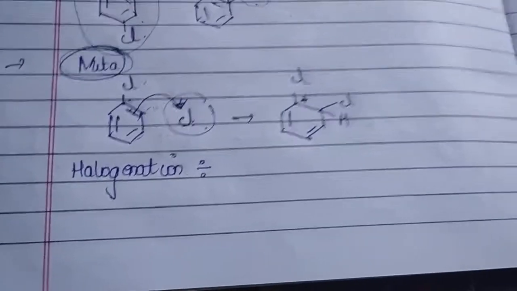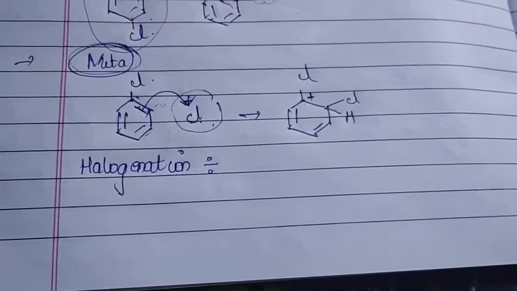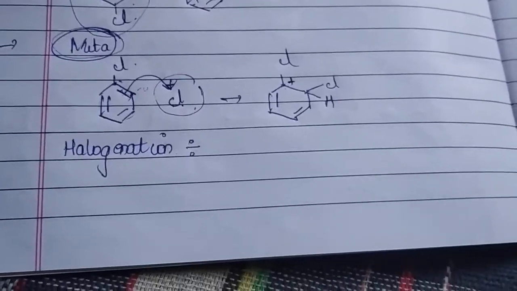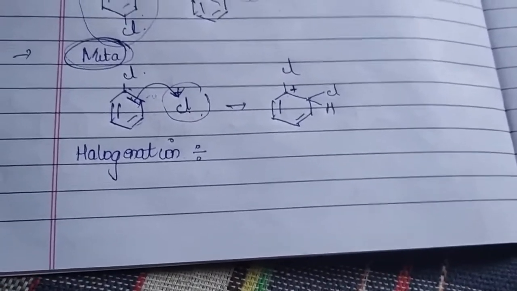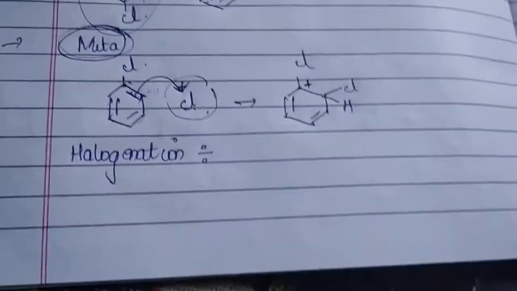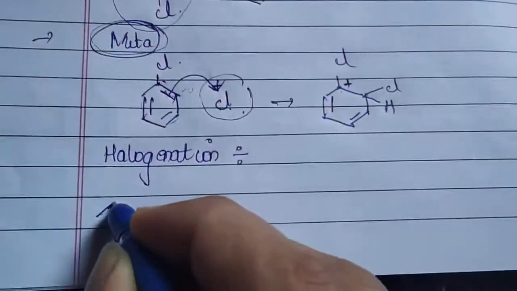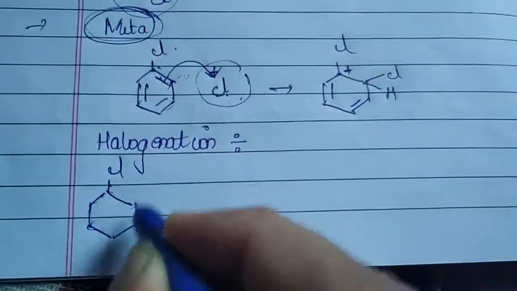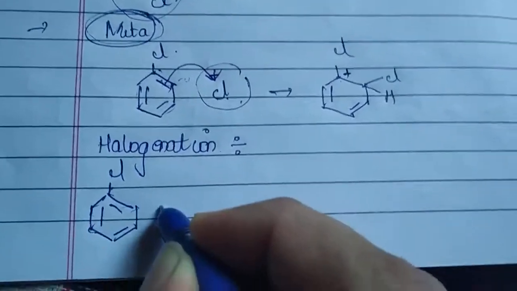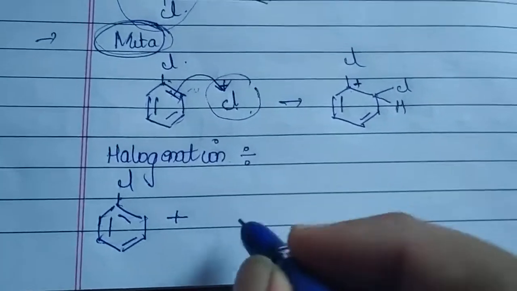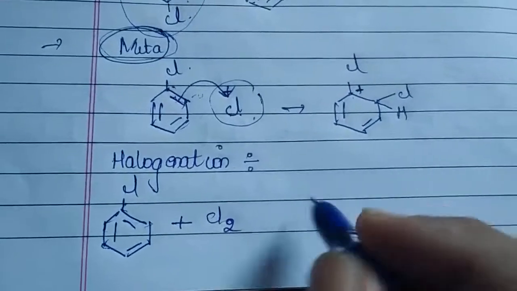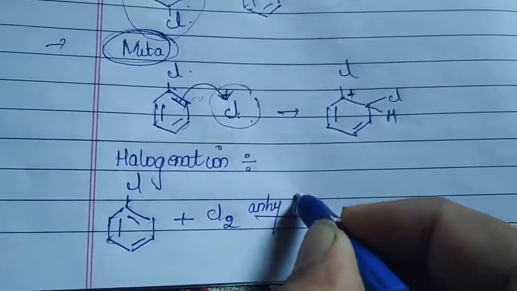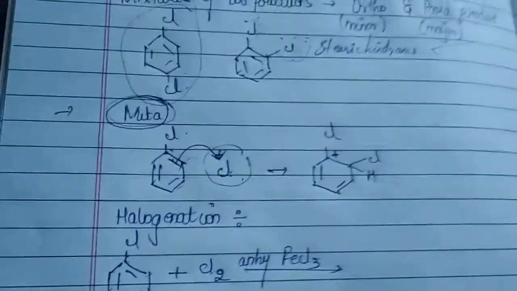So when we treat chlorobenzene with chlorine in the presence of anhydrous FeCl3, we are going to get ortho and para dichlorobenzene as follows. So this is my chlorobenzene. This one I am going to treat with the chlorine molecule, in the presence of, this is very much important, anhydrous FeCl3.